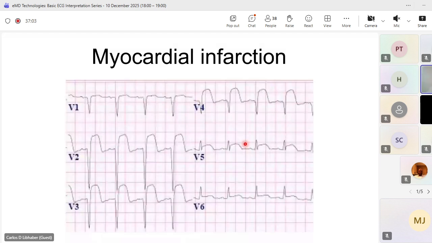Here, again, I see ST elevation in the anterior leads, but not only in the anterior. Here I see it in V1, V2, V3, V4, V5, V6. So it's septal leads, anterior leads, and lateral leads.